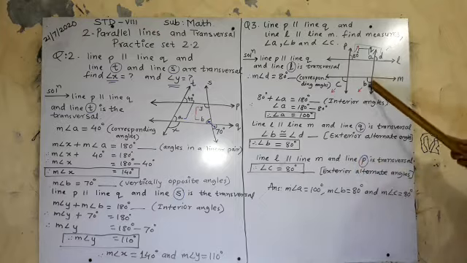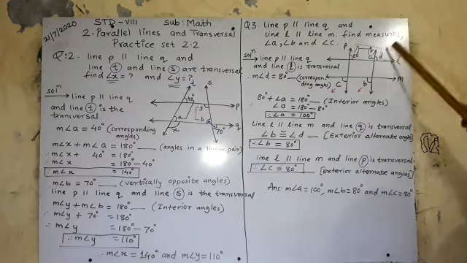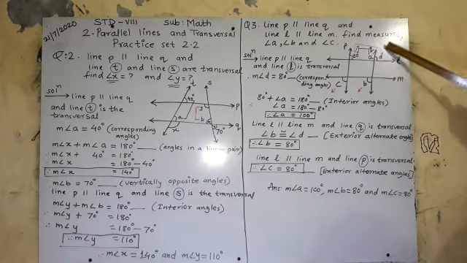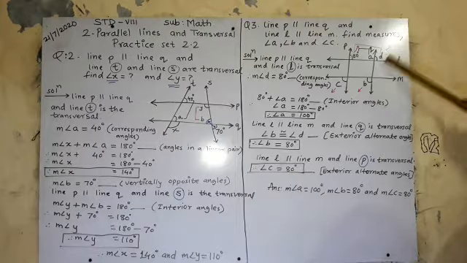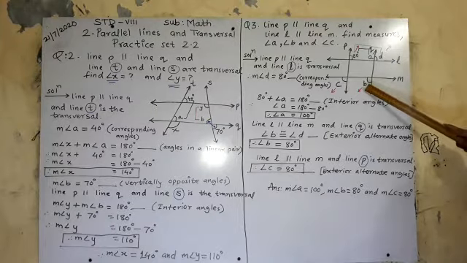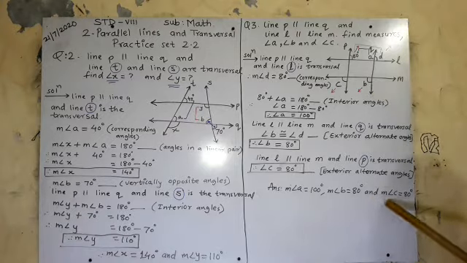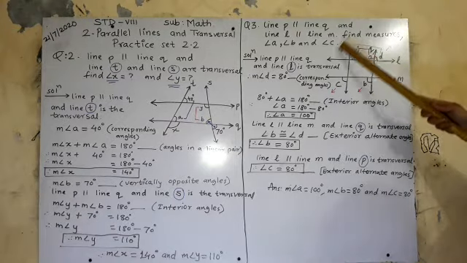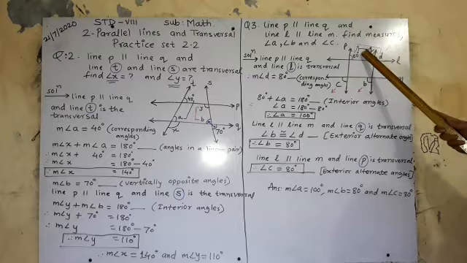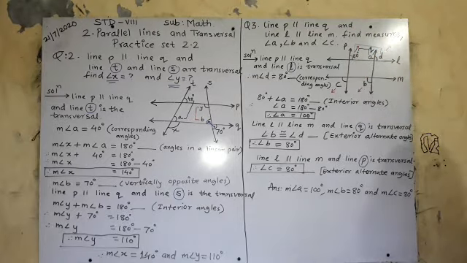Angle B: B and D are exterior angles. D is automatically corresponding to 80, so if D is 80 then B will also be 80 because they are alternate exterior angles. Now angle C is also the same. When this P is the transversal, this 80 and this C will be alternate exterior angles.